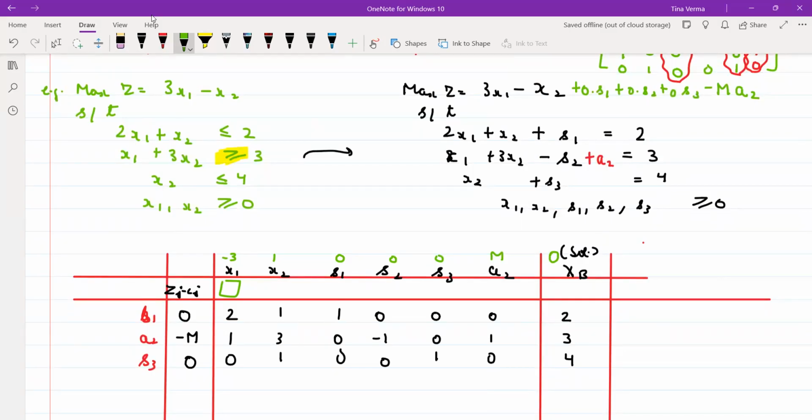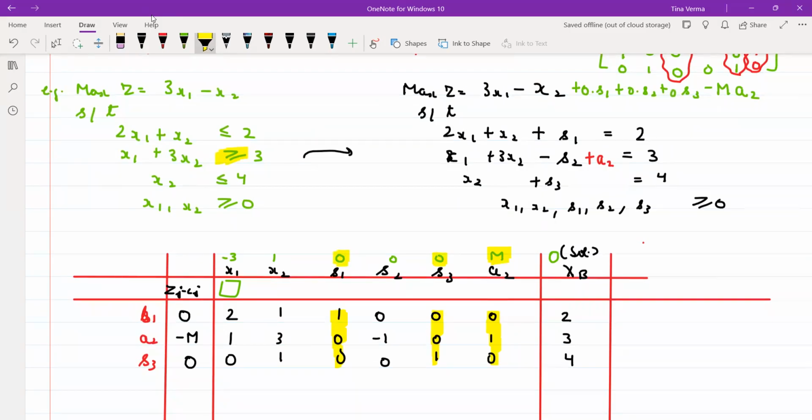Now, the tips and tricks I have already told you. Whenever you have basic variables here, you will have the identity matrix corresponding to that. It is true. And whenever you have Zj minus Cj corresponding to your basic variable, Zj minus Cj should be 0. Is this 0? For S1 it is satisfied, that it is 0.